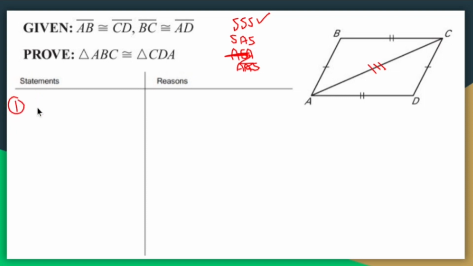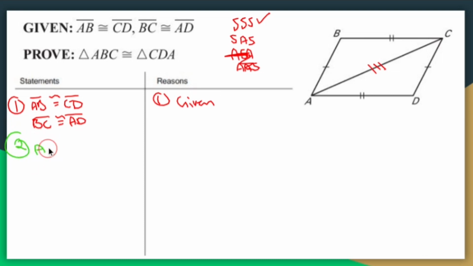One is the given. AB is congruent to CD, and BC is congruent to AD, given. Side. My third side is to show that AC is congruent to AC.